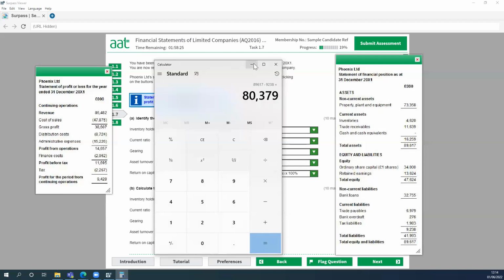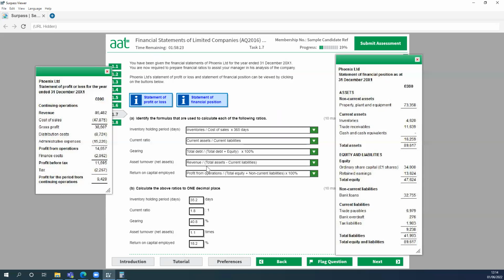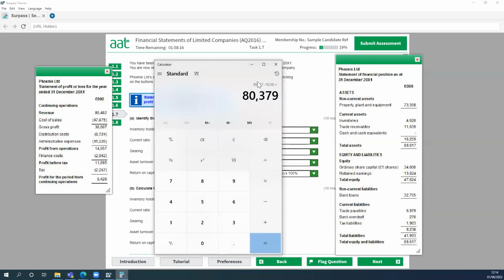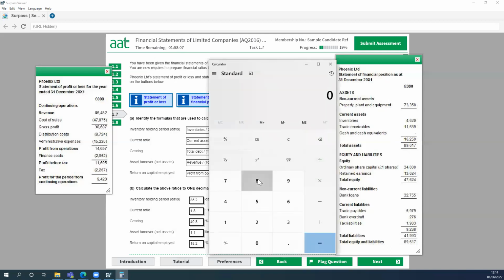And we are going to divide the revenue, 86,482, by 80,379 equals 1.07.